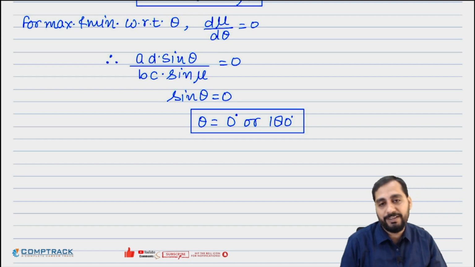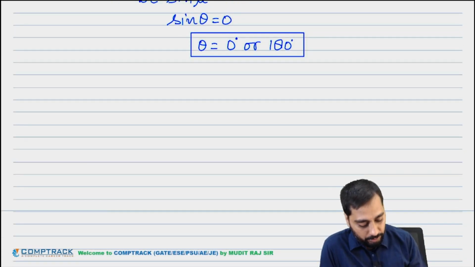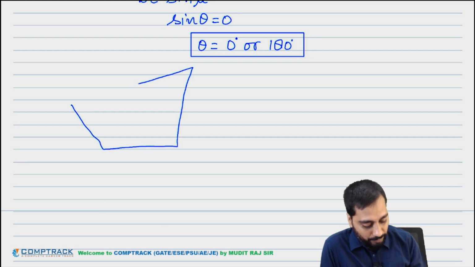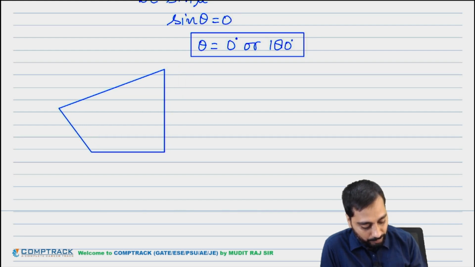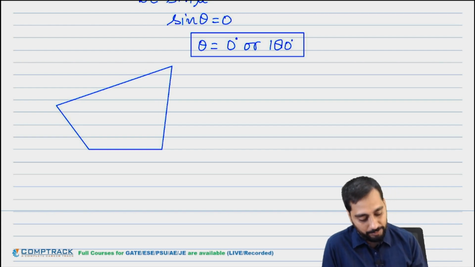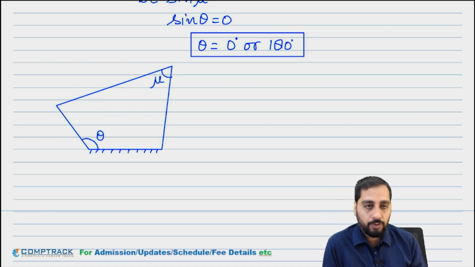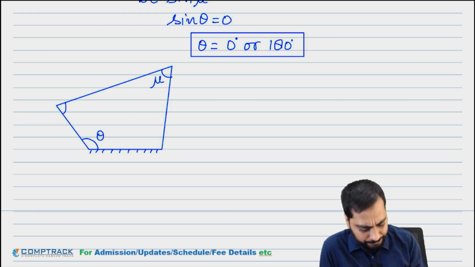0 or 180. This you can feel here. Look, let's say this is the 4-bar mechanism, and this is your angle theta. This is your transmission angle mu. Okay, this is simply gamma.